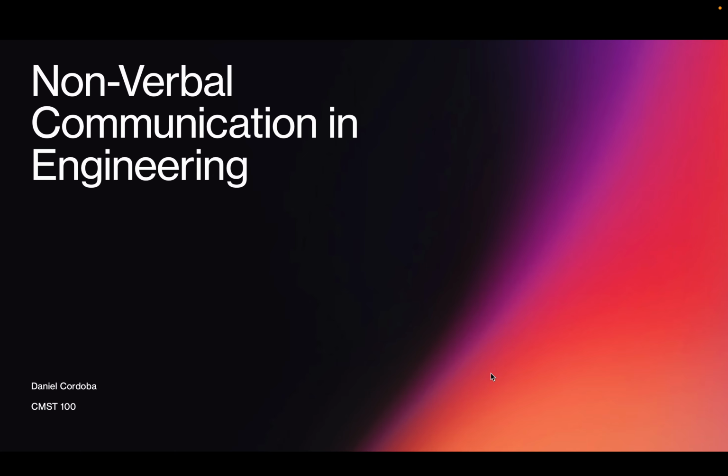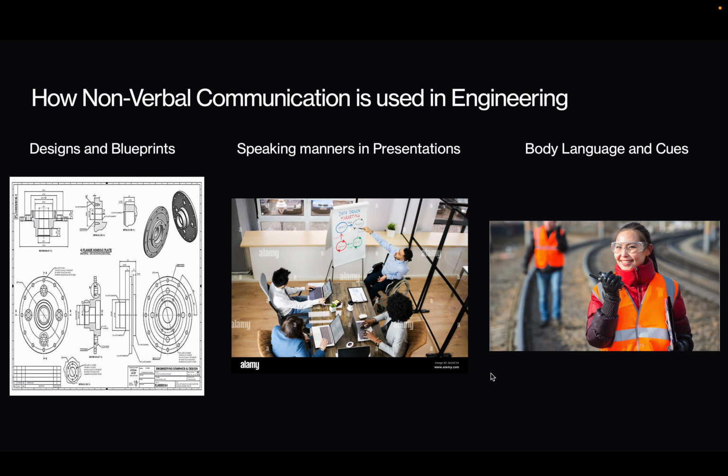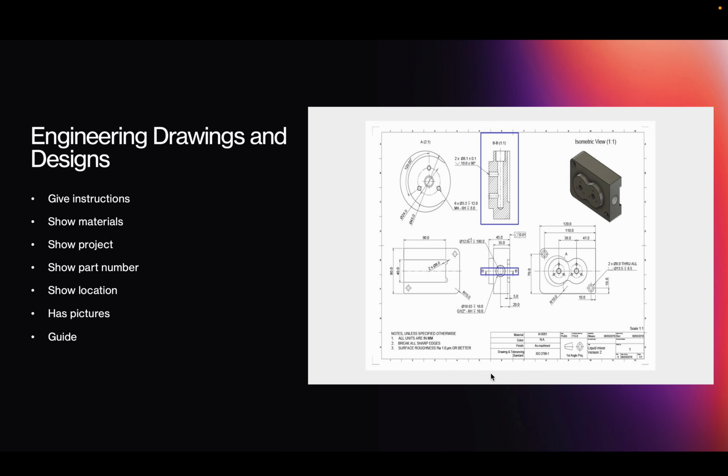We think of communication, we think of talking, but nonverbal is also very important. We use nonverbal communication in engineering with designs and blueprints, presentations, and body language and cues. Now we'll go a bit deeper into each of them.